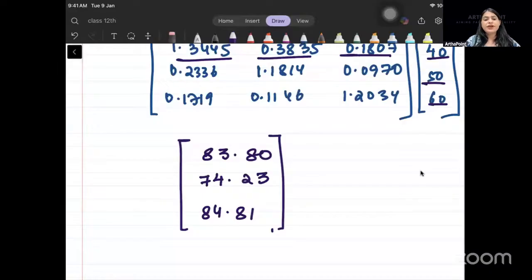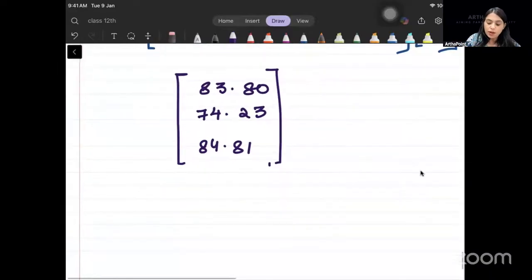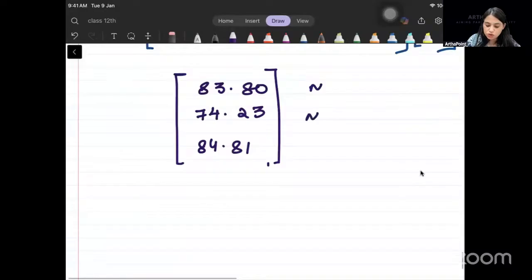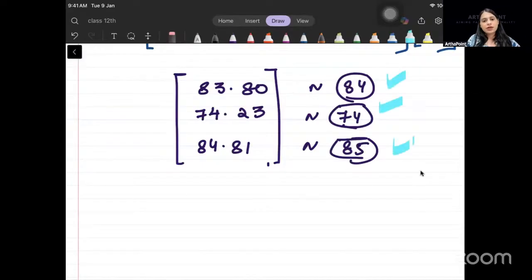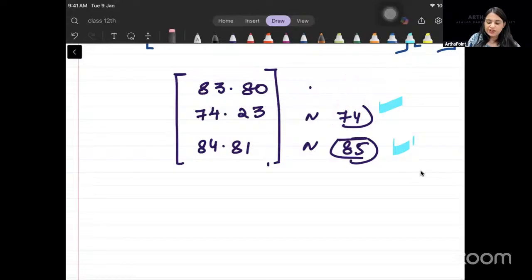It can be a bit different based on what approximation we do. But because these are in units, you can say 83.8 means approximately 84 units, 74.2 means approximately 74 units, and 84.81 means approximately 85 units if we have to give whole numbers, right? ये match करेगा हम सबके लिए, right? This approximation should match. Okay, so these are the required outputs that we have.